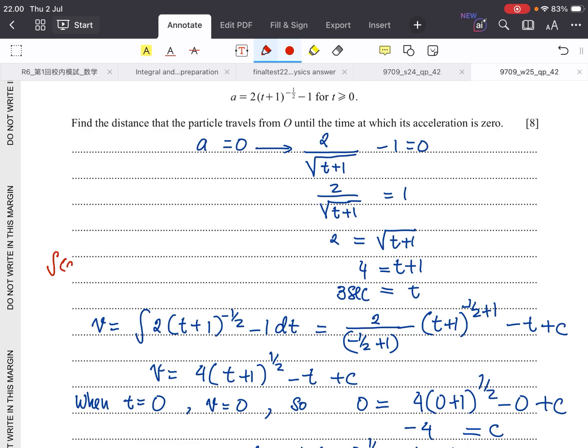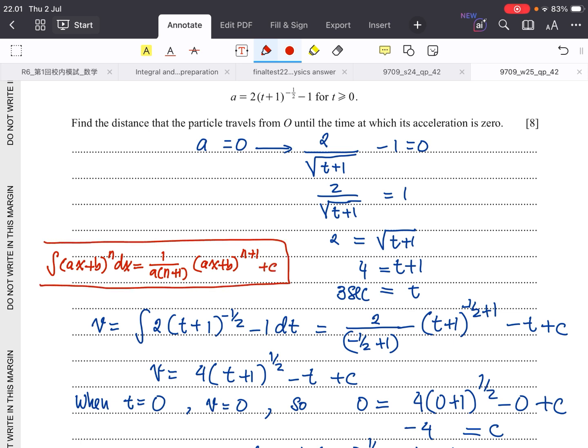The integral of (ax plus b) to the power of n dx, the formula is 1 over a times (n plus 1), times (ax plus b) to the power of n plus 1, plus c. So this is the formula that you learned in Pure Math 1.